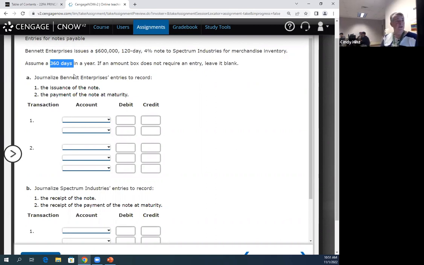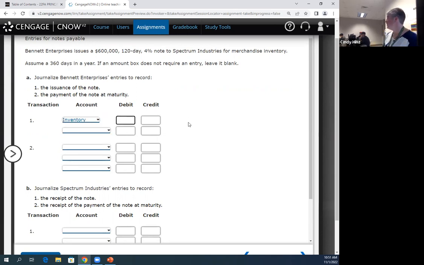The first thing we're asked to journalize then in letter A, number 1, is the issuance of the note. So we are playing the part, we are doing the recording, the accounting for Bennett Enterprises. We are the maker of the note or the borrower. And so, why did we borrow this money?